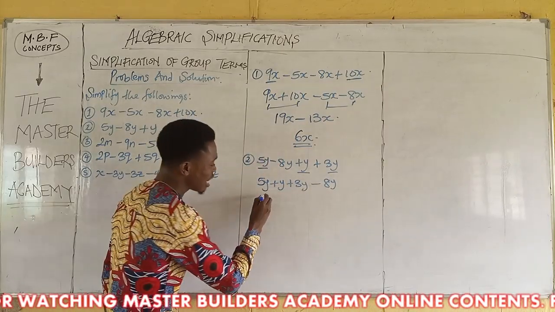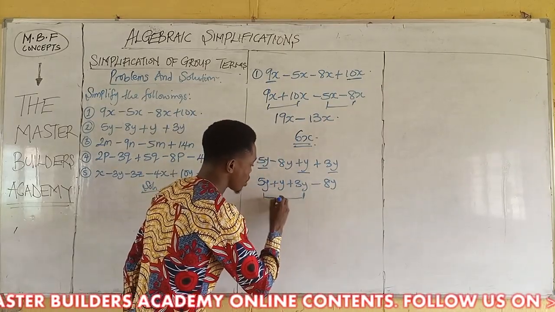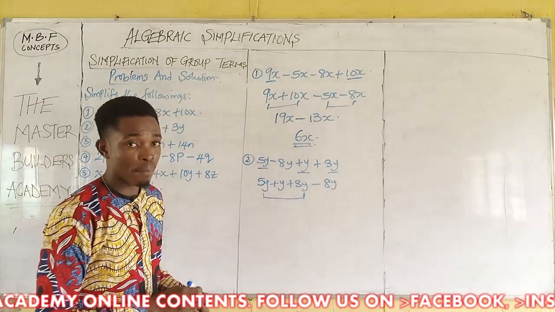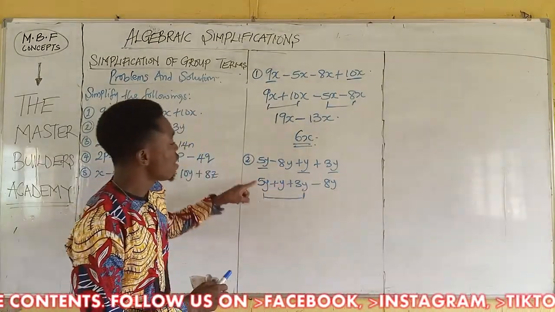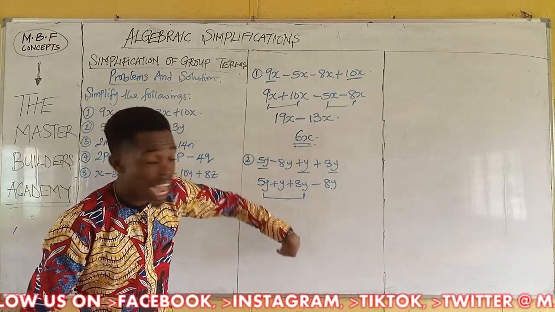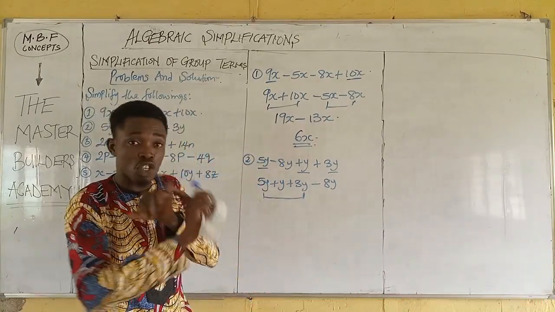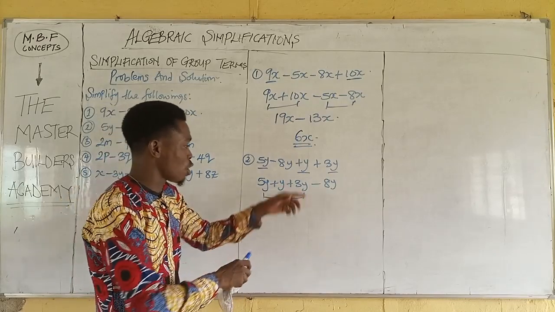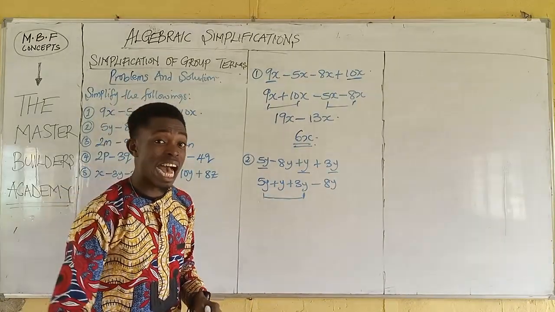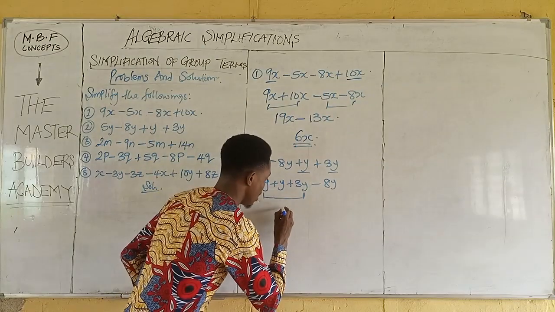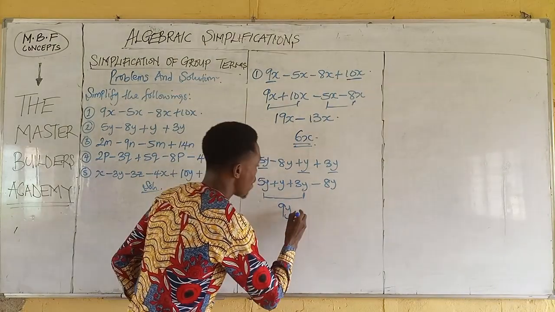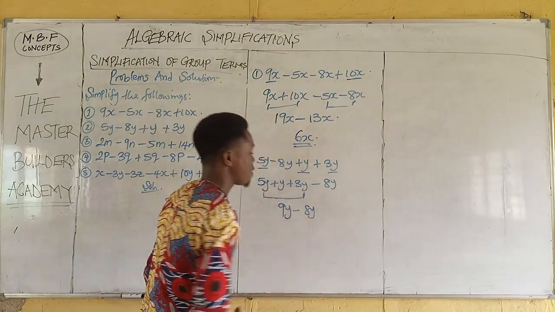The next thing I will quickly do is to add up these positive terms in y. And these positive terms are what? 5y plus 1y plus 3y. And guys, 5y plus 1y would have given us 6y. And 6y plus 3y would have given us 9y. Therefore, we have 9y. And now, minus 8y.